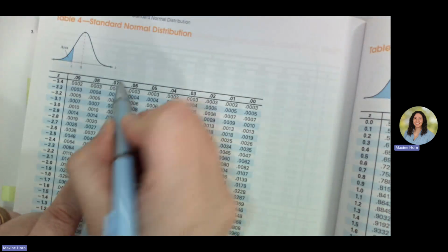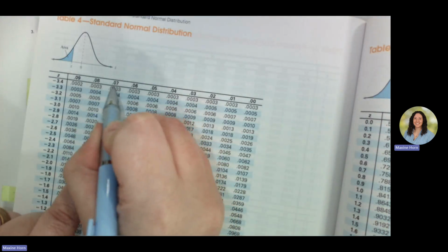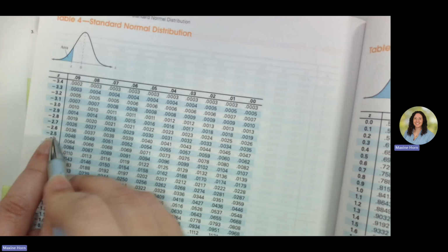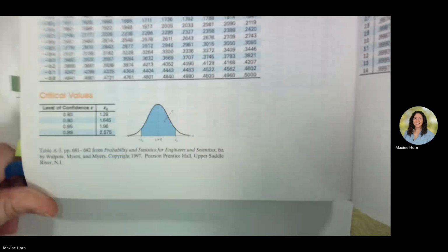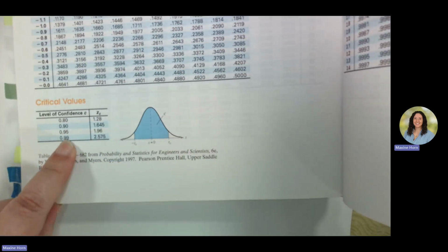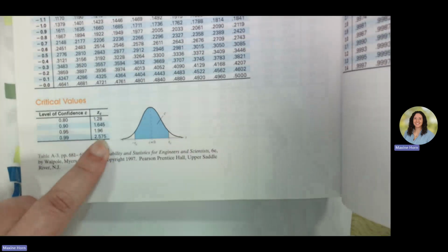So it's 2.575, right? You see that? See, it's halfway in between there and there. Halfway in between here and here is 0.075, 2.575, okay? Or confidence level of 99, 2.575, right?